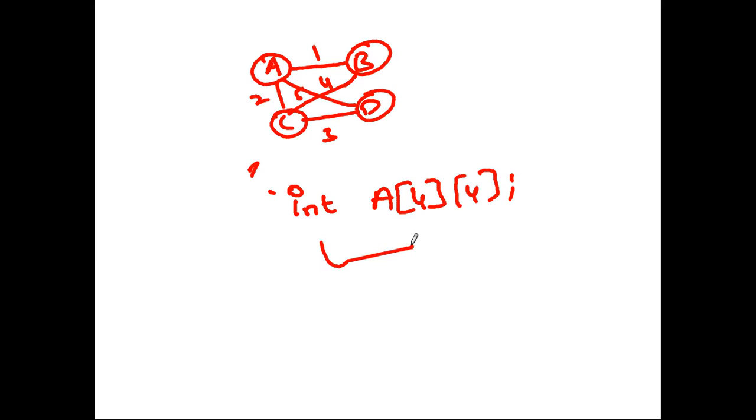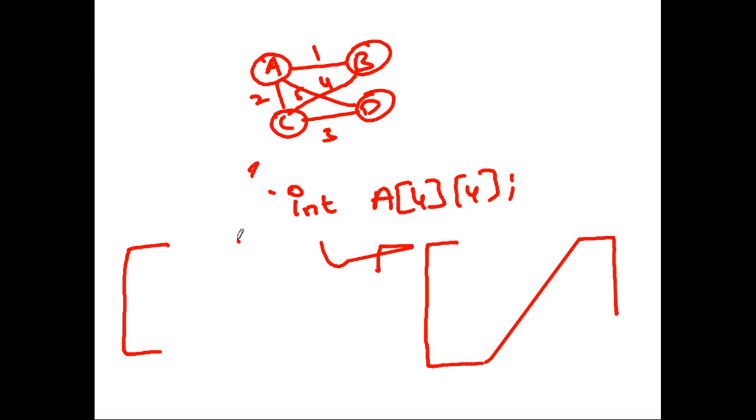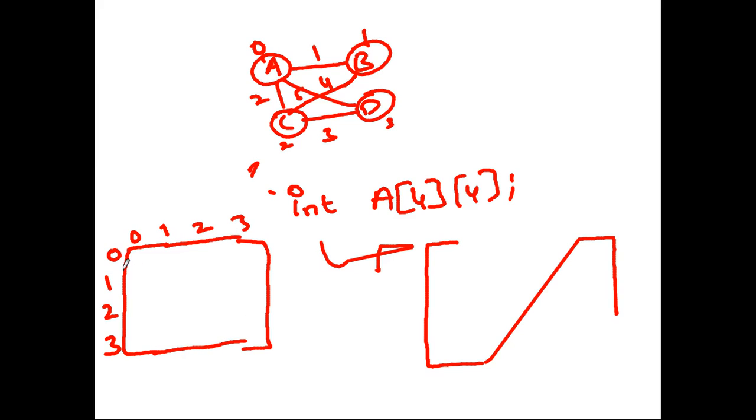Assume A as vertex 0, then the first vertex, second vertex and third vertex. Similarly here also you will be having 0, 1, 2 and 3. This is your matrix.